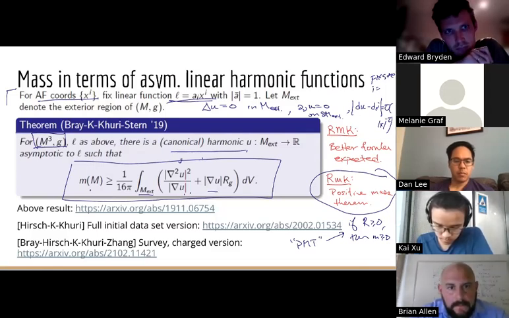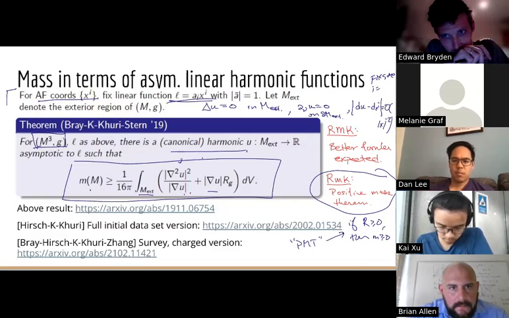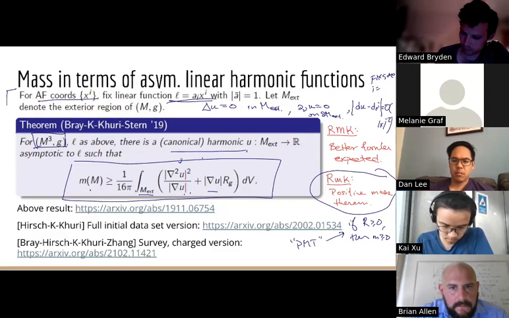Can I ask about the theorem statement? Please. When you say u is asymptotic to L, what do you mean precisely by being asymptotic? Oh, very good. I wrote it over, it's all scrunched over here. L is this expression. It's basically just one of the coordinates, like x1 or x2 or x3.